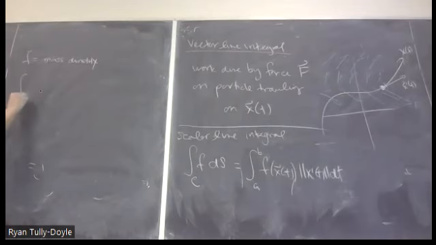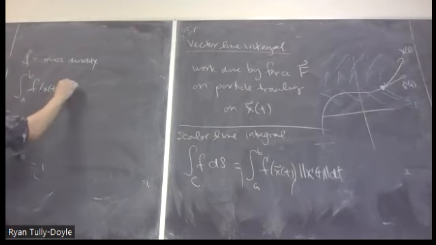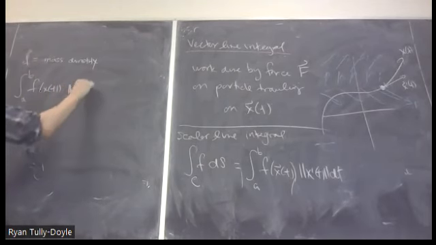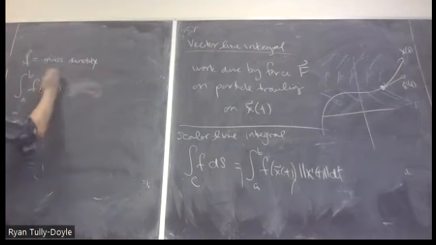Then the integral from a to b of f of x of t times the length of x prime of t dt, or really, ds is the easiest way to think about this, f ds.